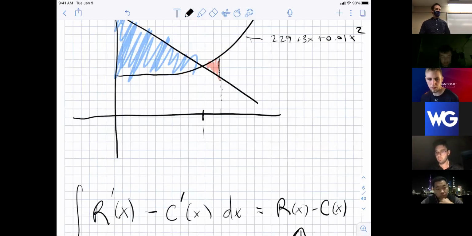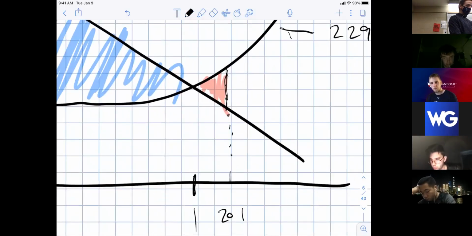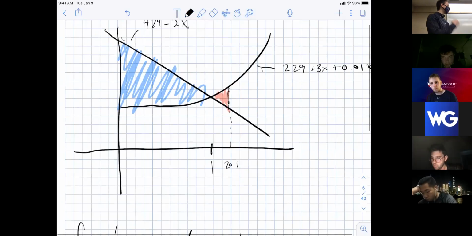That's if I sell 200 cell phones, because we integrate from 0 to 200, I make that much profit. What if we had instead integrated R prime minus C prime, no switching of the variables, up to say 201? Well, up to here, R prime is on the bottom, C prime is the top curve. So what would that integral give me between 200 and say just 201?